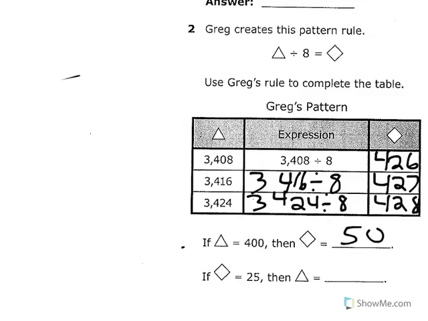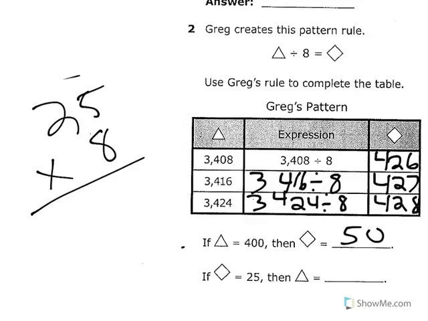Okay, now the next one is a little bit different. It says if the square or the rhombus equals 25, then triangle is how many? So you would do the reverse operation to figure that one out. That would be 25 times 8.